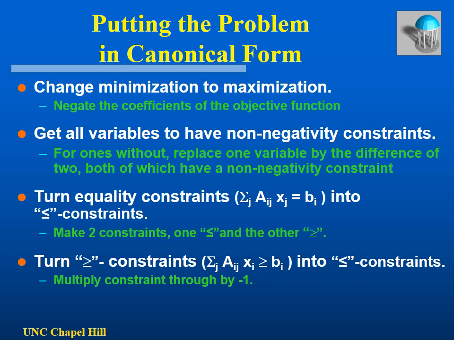If we have some particular variable, x sub i, that has no constraint, we can create a new pair of variables, call them x sub n plus 1 and x sub n plus 2, each with a non-negative constraint, and where x sub n plus 1 minus x sub n plus 2 is equal to the old x sub i.